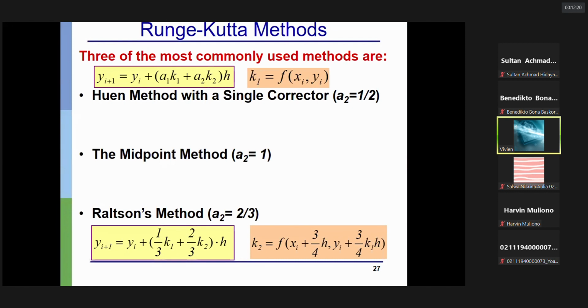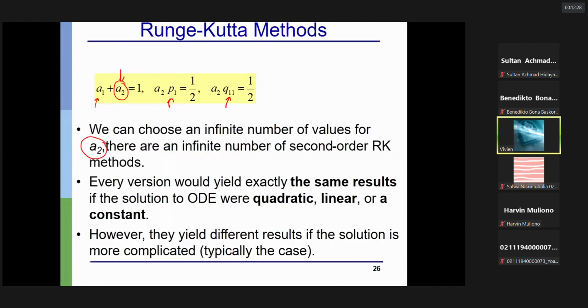If we choose a2 is half, and we have the constraint that a1 plus a2 should be equal to 1, then a1 will be half as well.